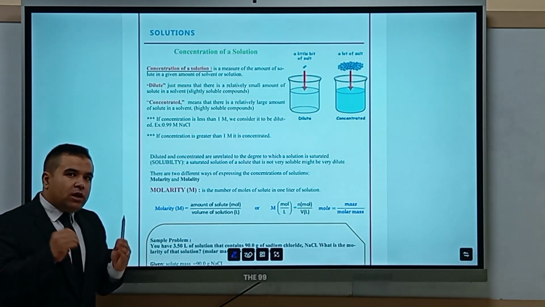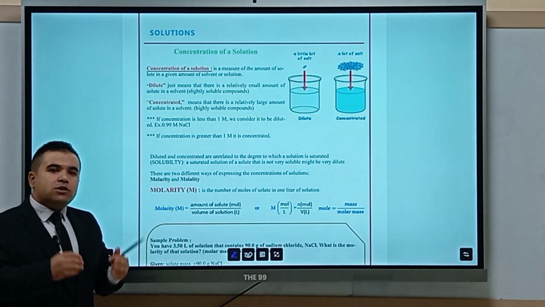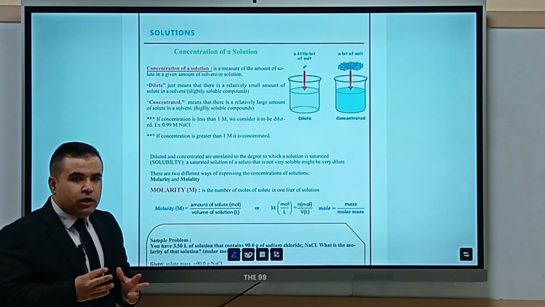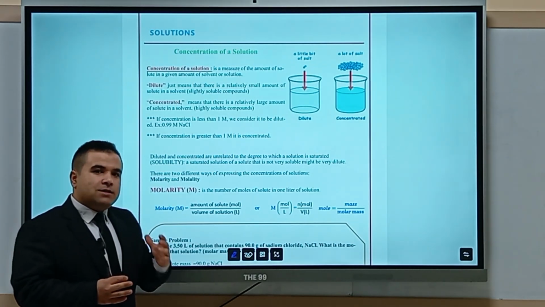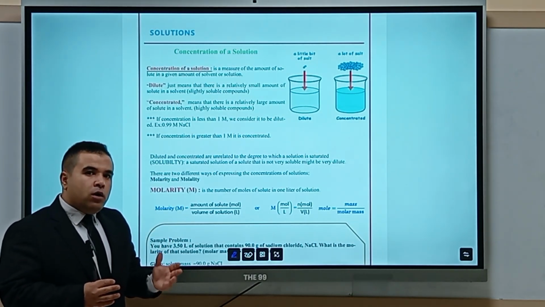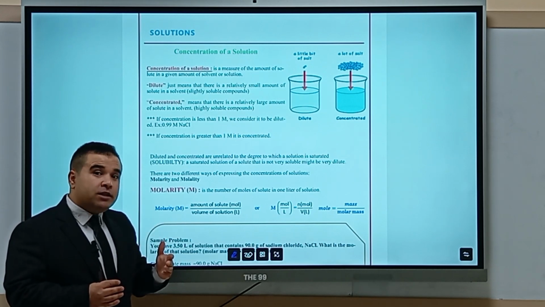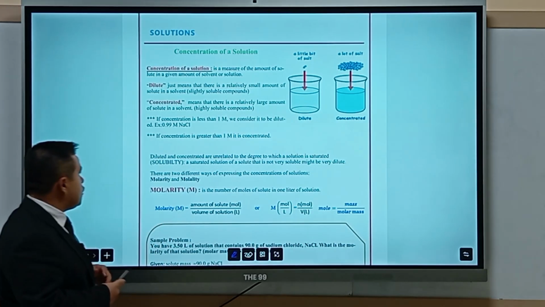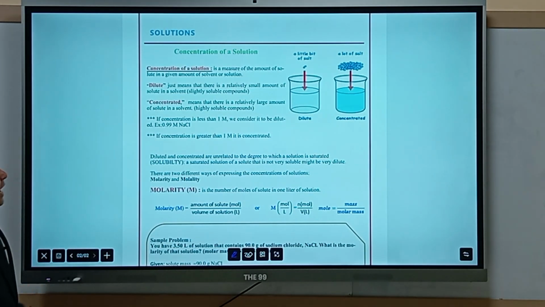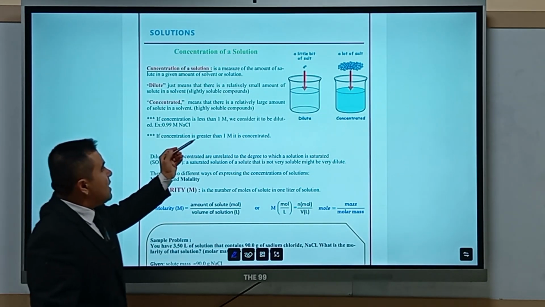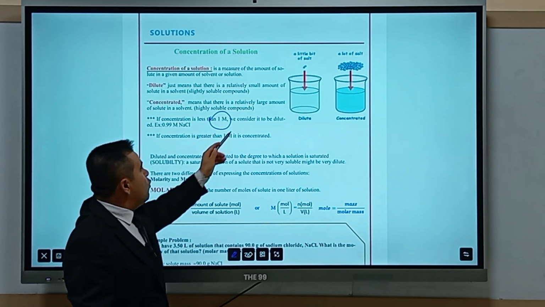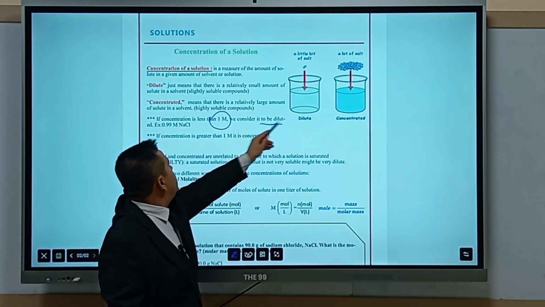So dilute and concentrated refer to the amount of solute in the solvent or the solution. As the amount becomes more, it becomes more concentrated. As it reduces, it becomes a more dilute solution. So guys, if the concentration is less than 1 molarity, we consider it dilute.